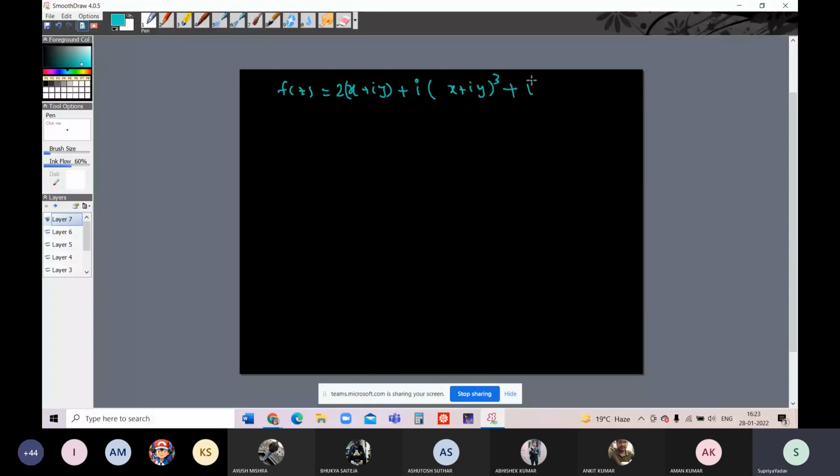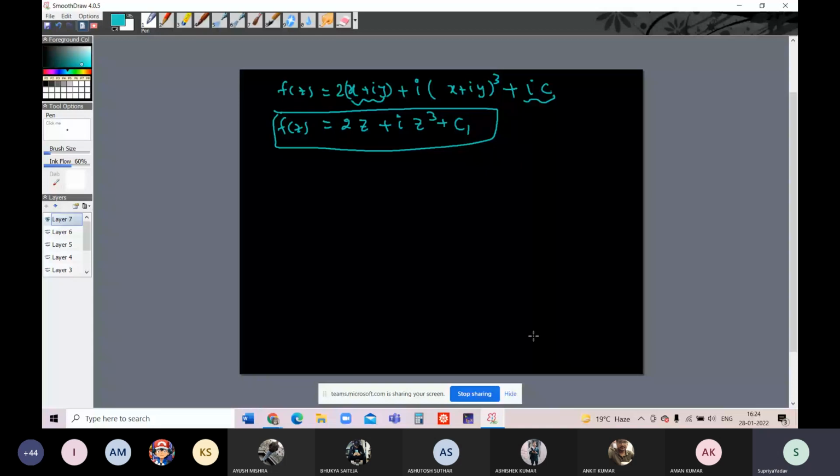So in place of this x plus iy, we can write z: 2z plus i z cube plus, in place of i c, we can write c1. So this will be our analytic function corresponding to the given real part. So if only the real part of an analytic function is known, we can also find this function f(z). This is one method.